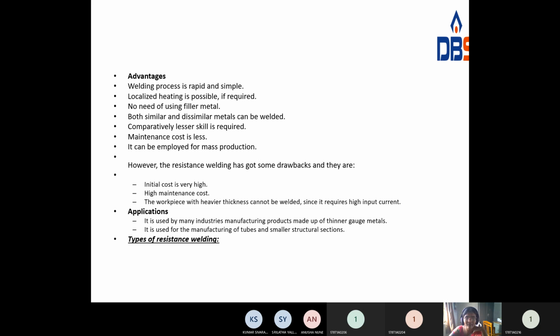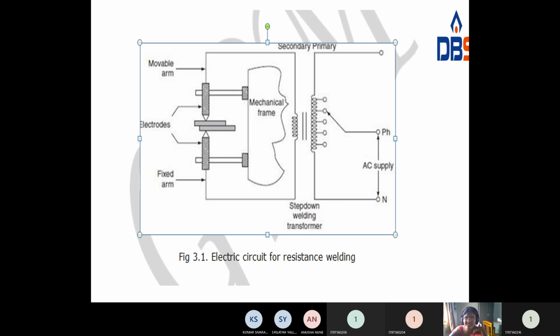Here you weld two metal plates, which can be either the same metals or different metals.